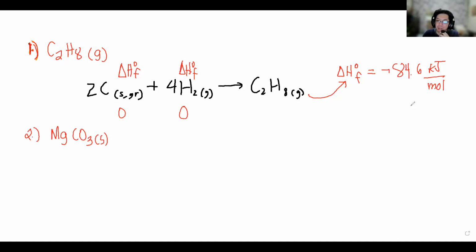Sige, double check mo. It's exothermic. So correct. When you combine carbon and hydrogen, it will produce 84.6 kilojoules. To form per mole of? Per mole of ethane po. Very good. Yan yung interpretation yan. So, as you form 1 mole of ethane, your reaction will produce 84.6 kilojoules of energy.